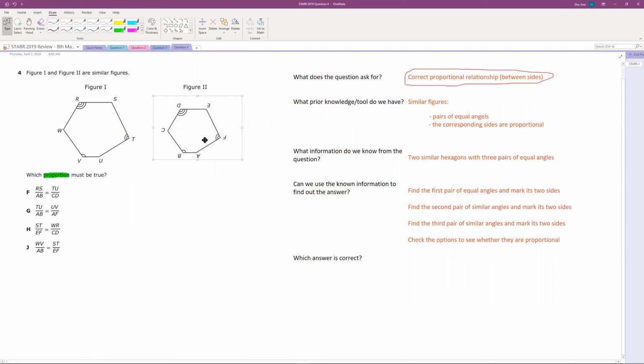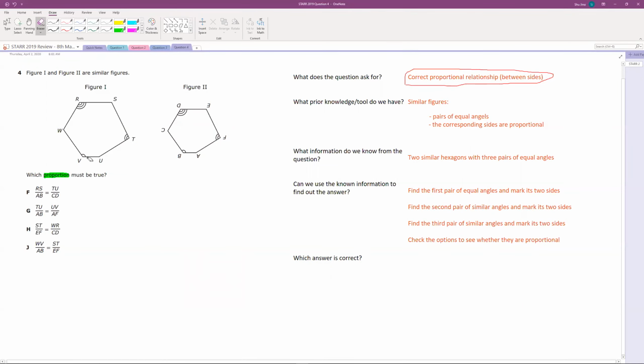Okay, so I rotate this Figure 2. After I rotate, we can see the corresponding angles are at corresponding positions. So that can make it easier for us to compare the sides.